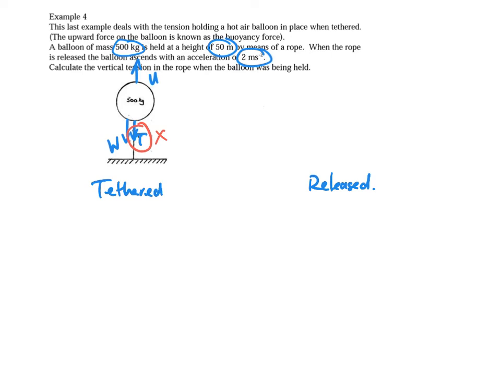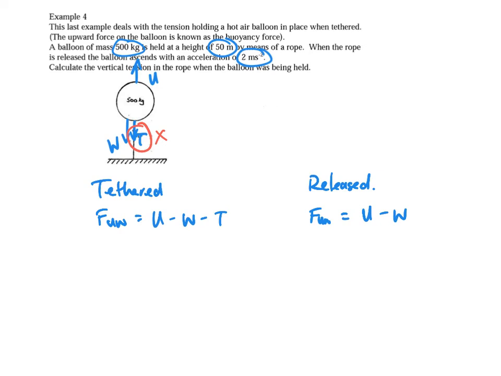So when we look at our unbalanced force when it's tethered, it's U minus W minus T. W and T are both acting downwards. When it's released, upthrust still acts and weight still acts. All we've done is remove tension. Even without knowing the values of U and W, the difference between these two situations is equal to T. You can go into a much more detailed explanation.